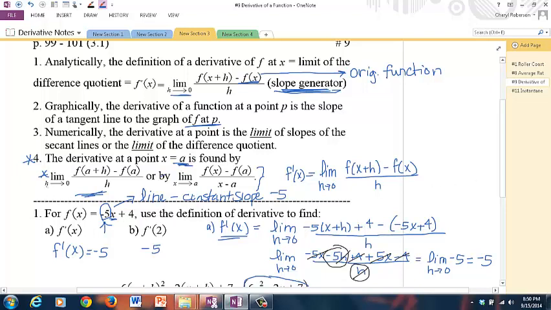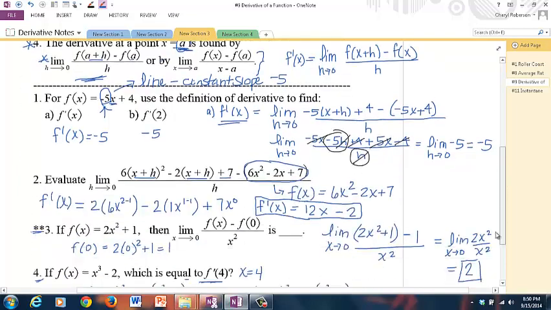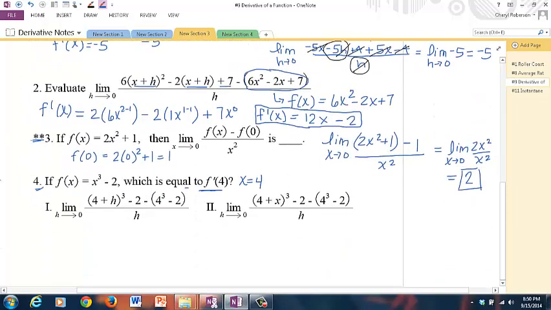That's the limit as h approaches 0 of f of a plus h minus f of a. So notice from our original, x has been replaced with an a value. So down here I need to look and see which one of these two on number 4 has our x value replaced with 4. And notice very quickly over here at number 2, x is still inside the problem. So this one cannot be correct. So my answer choice here would have to be 1.